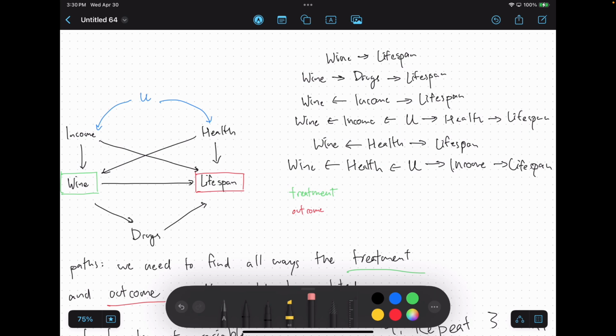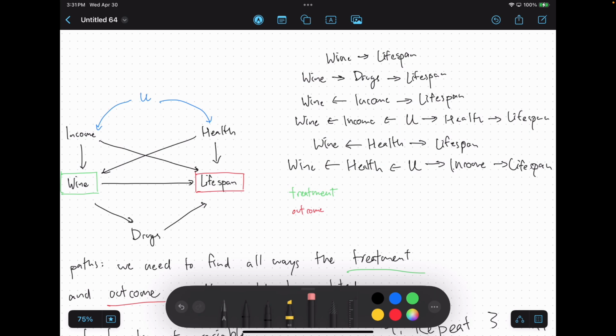Yeah, well, in this case, it's kind of like the richer you are, the more wine someone drinks. We observe there's this relationship from income to wine. We also observe that people who are richer have longer lifespans, right? And so it is income that is causing these two things to move together.